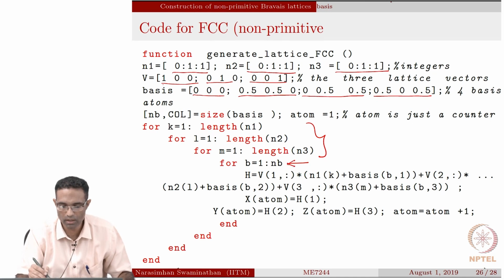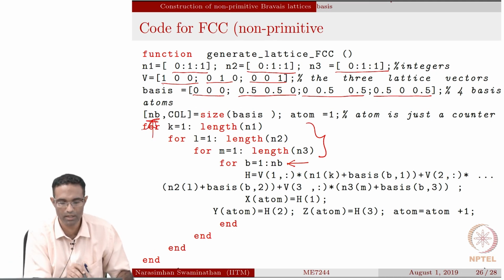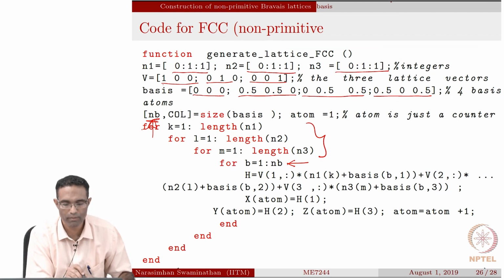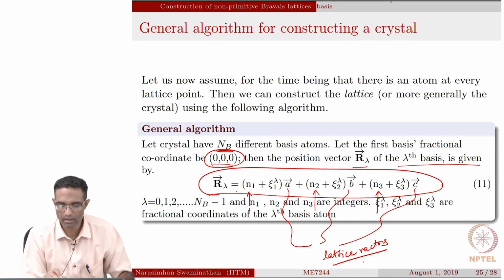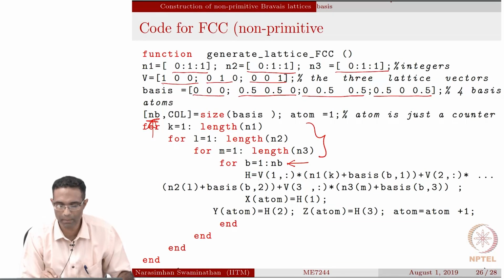Now in addition to the three loops that you have here, you have one additional loop that is going over all the basis atoms. So this will be 4, right? NB is basically the total number of basis atoms. And this formula here exactly replicates this expression right here.